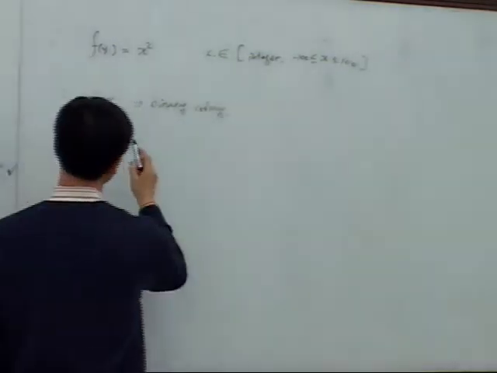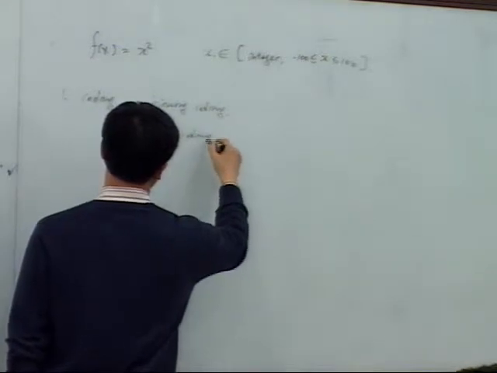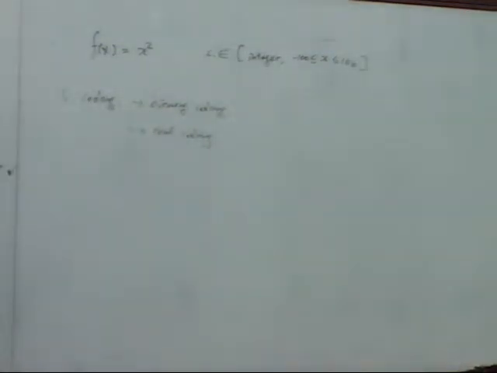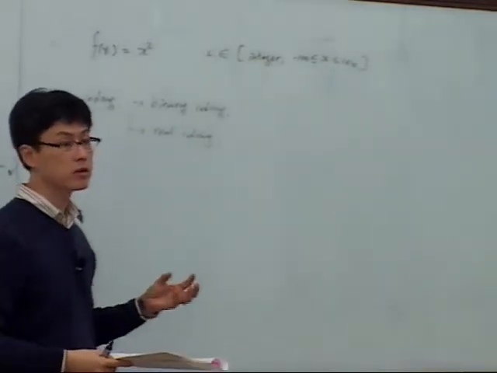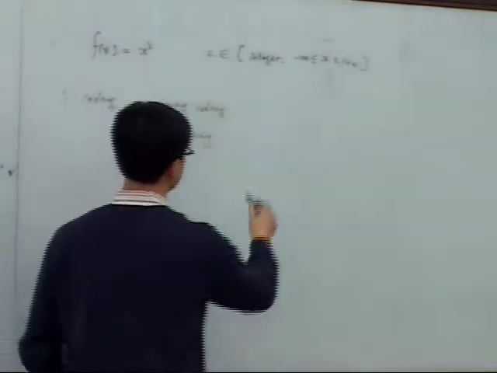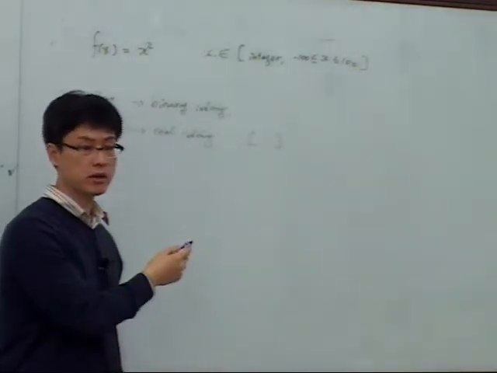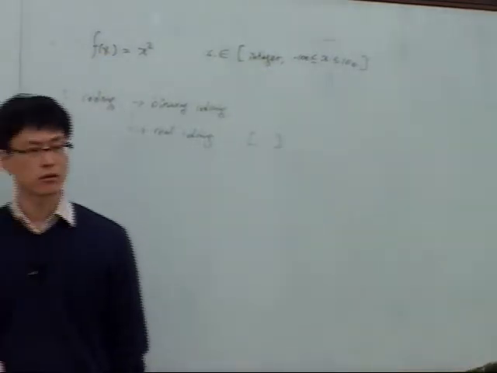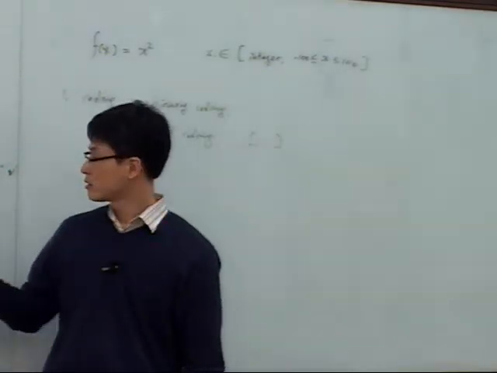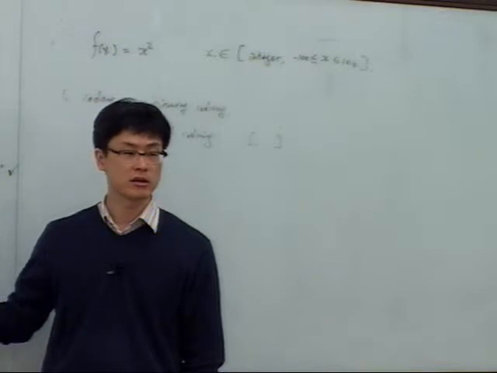Because compared to the real coding, if I choose a chromosome with the real value, then all I need is one gene. X should be there. Then the problem is, it's not good to apply crossover or mutation or this kind of operator.